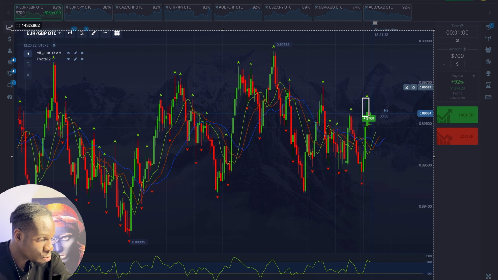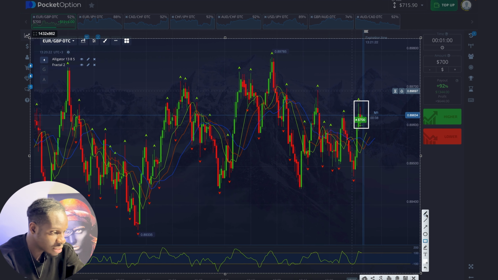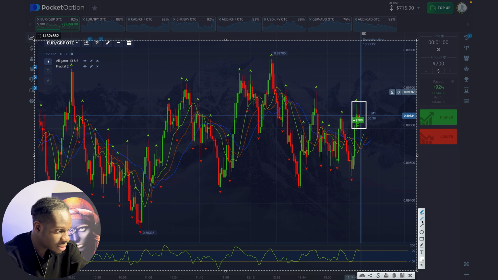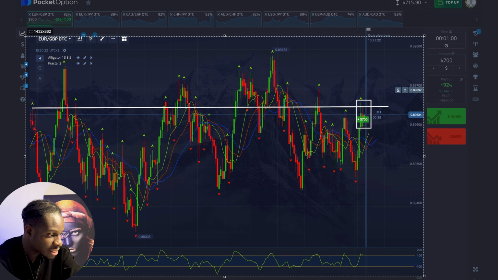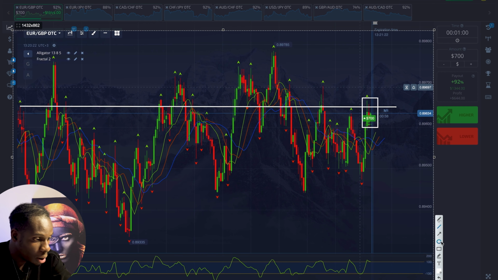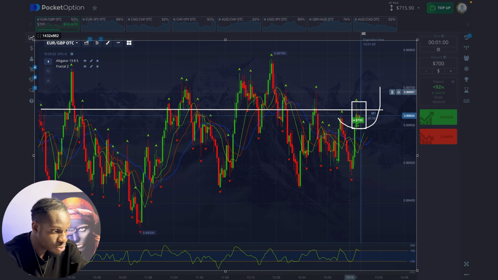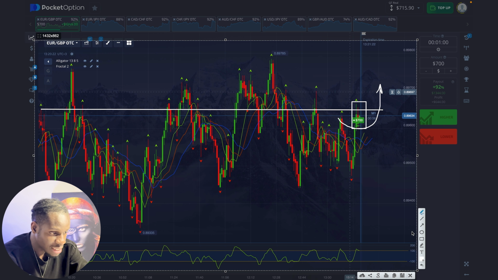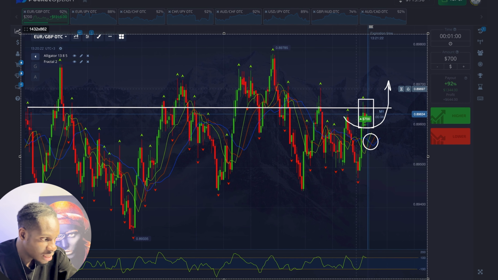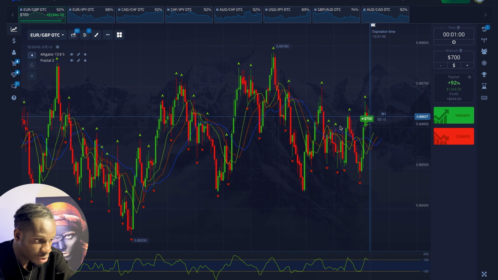So after this pullback, we can expect a better downward momentum. This breakout is also suggesting that the price will most likely go up. The alligator's moving lines have intersected, as we can see. Let's see the result, guys.